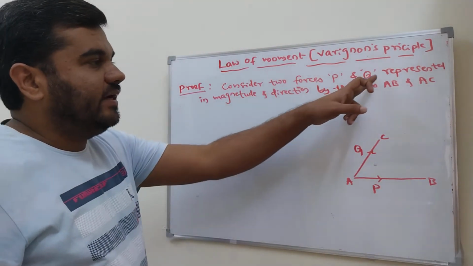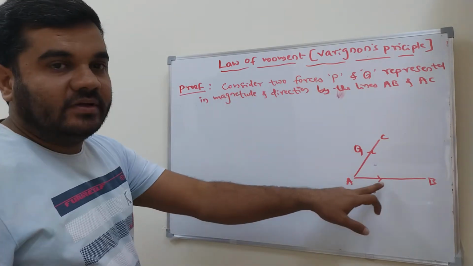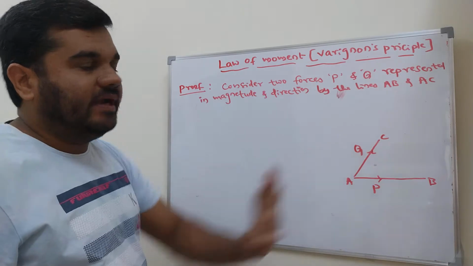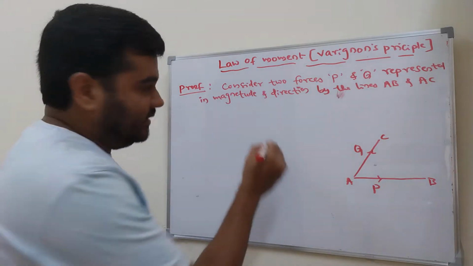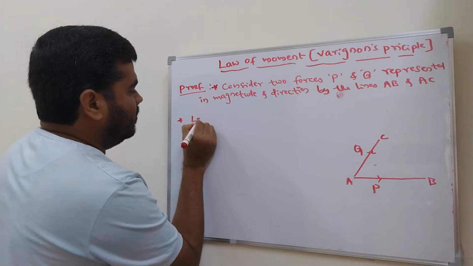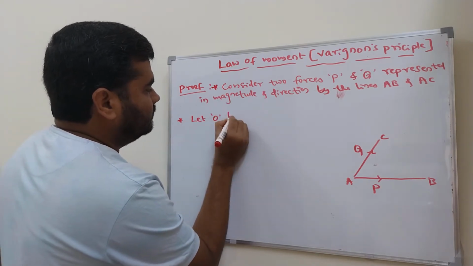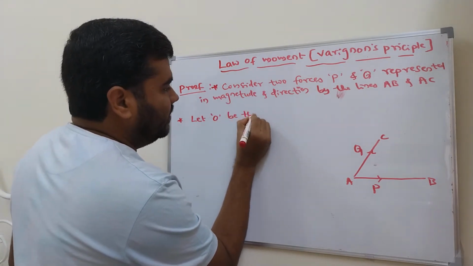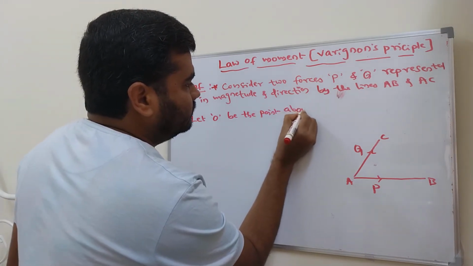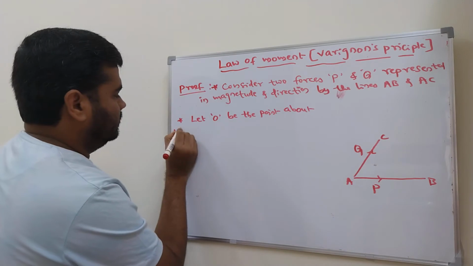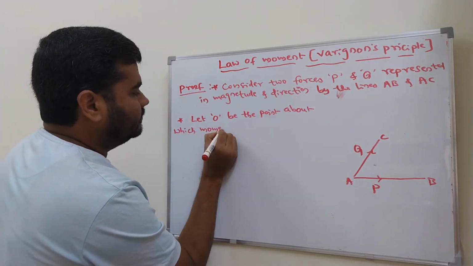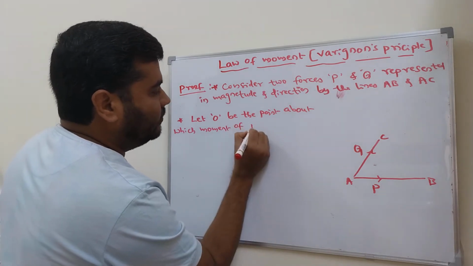Consider two forces P and Q represented in magnitude and direction by the lines AB and AC. The second point is, let O be the point about which the moment of forces P and Q is required.